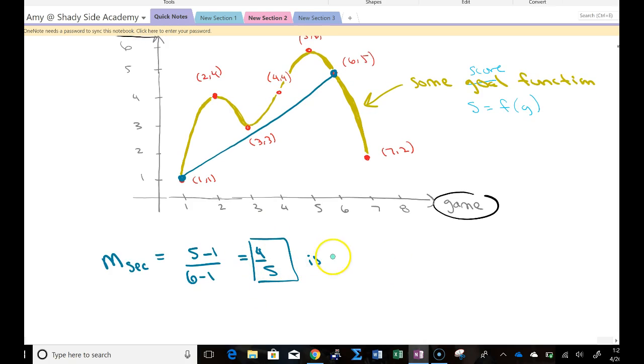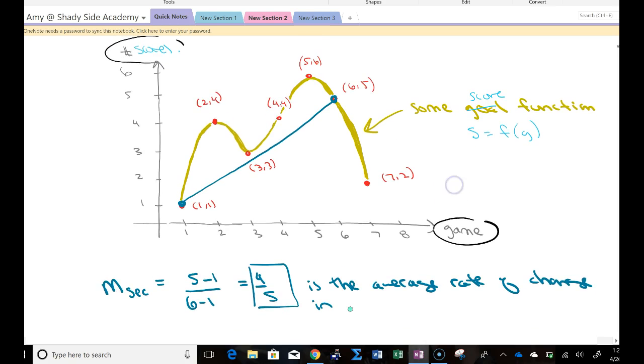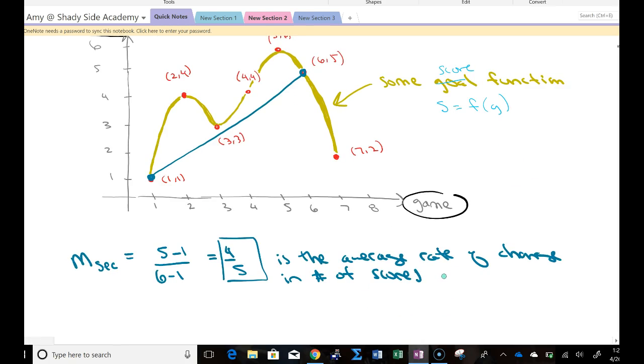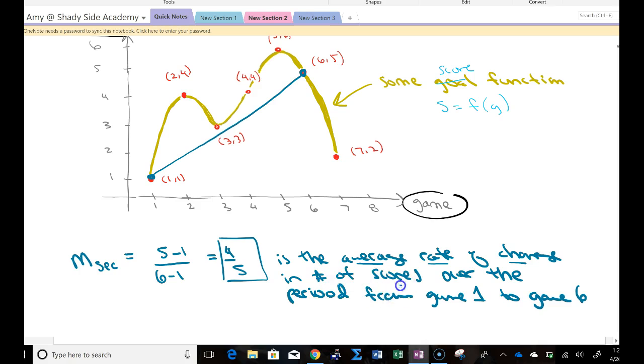4/5 is the average rate of change in number of scores over the period from game 1 to game 6.